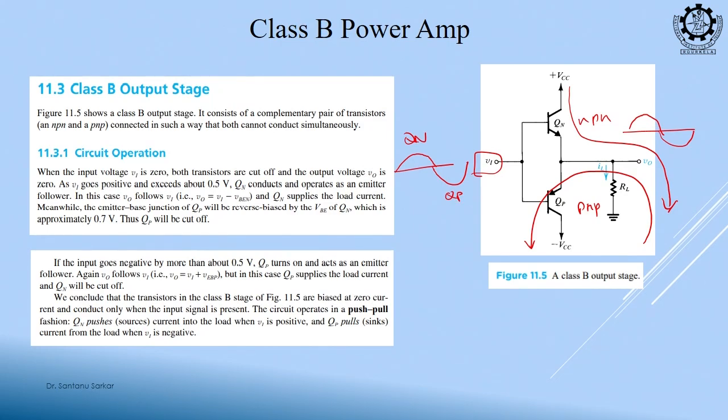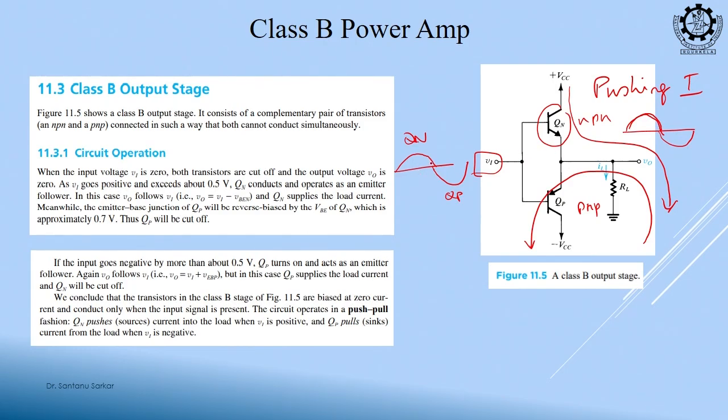Clear? What we are doing? You see, in this direction, this transistor is pushing the current into the load. So, the load voltage is building up, V is equal to IRL, positive.